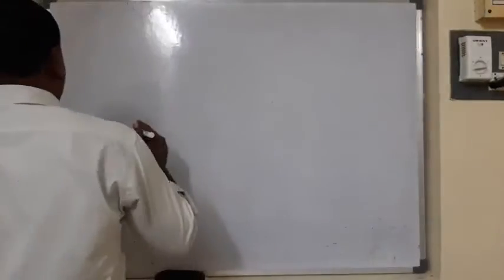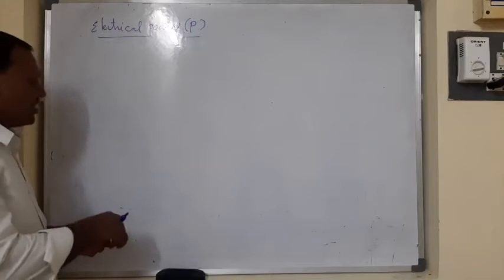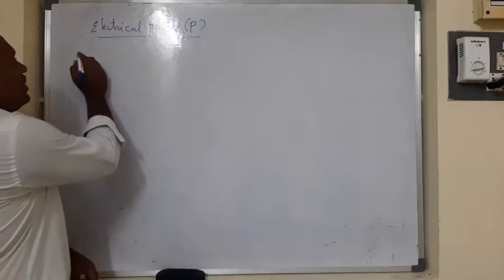So here you can observe electrical power calculations. Electrical power is represented by capital P. Now you can write down the power definition. What is the definition of power? It is the rate of doing work, or energy by time.